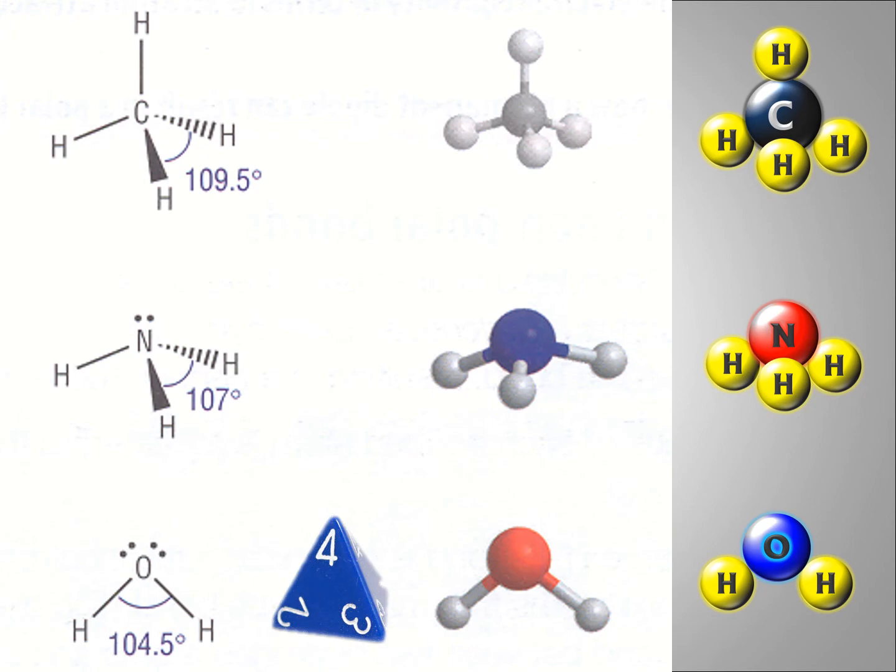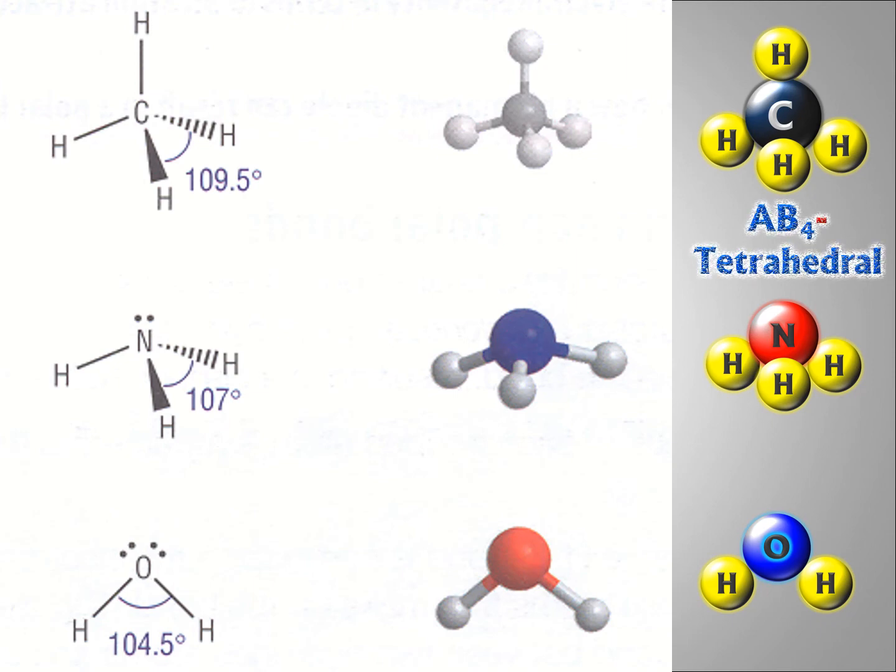And then, again, we already said how a water molecule is also a tetrahedron, but it's been clipped even more so because there's 2 pairs that make up 2 of those corners that you can't see from the outside because all you can see are the ones that make up the bonds. So you can think of all 3 of these as just being modified tetrahedrons. The one at the top is the true AB4 tetrahedral form.